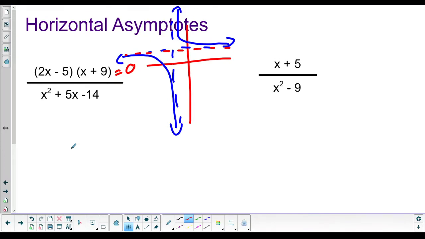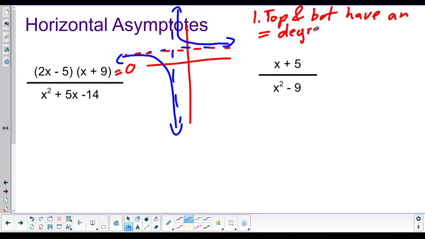This is very similar to end behavior. So there are 2 cases we want to worry about. The first case is going to be top and bottom have an equal degree, meaning their largest exponents are the same number.